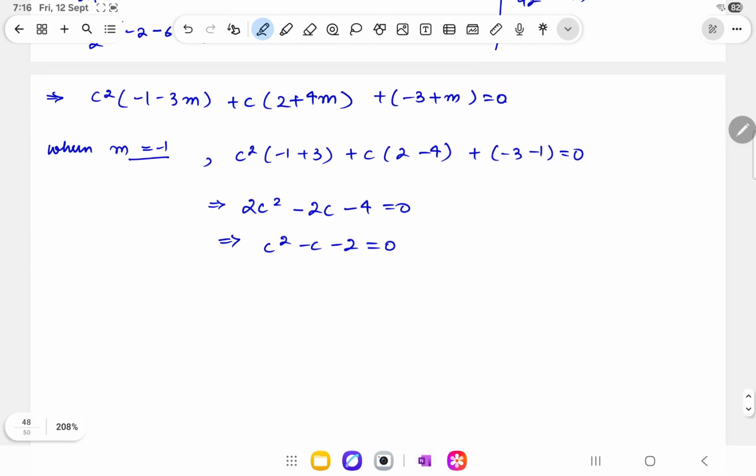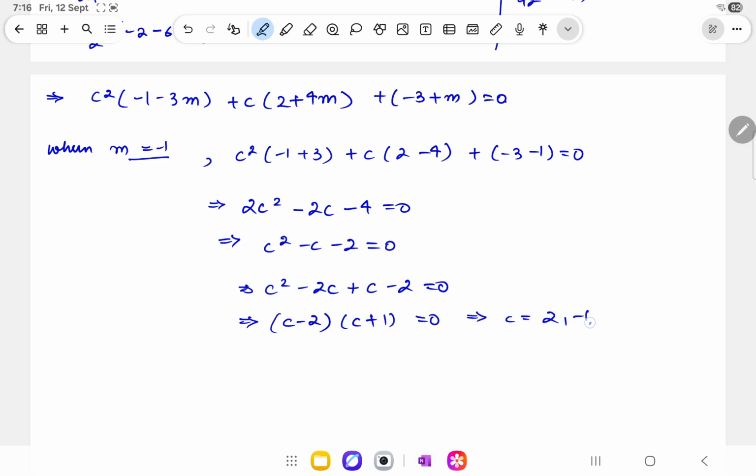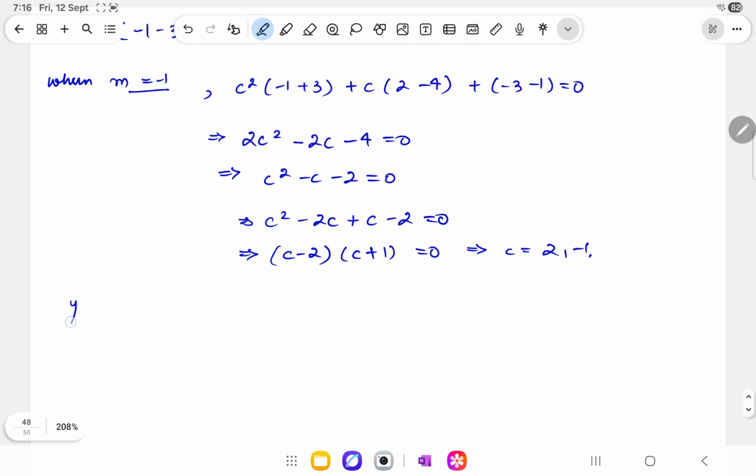If I solve it for c, I can write it as c square minus 2c plus c minus 2 equals 0. From here I get c minus 2 into c plus 1 equals 0. So my value of c is 2 and minus 1. So my asymptotes are y equals minus x plus 2 and y equals minus x minus 1.